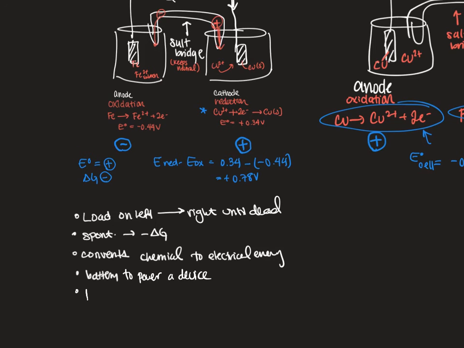And this basically produces electrical energy. Think of the battery you're using up in your phone right now. Spontaneously, it's producing work, it's producing electrical energy, it's making your phone run.